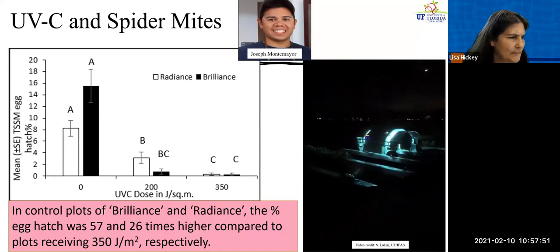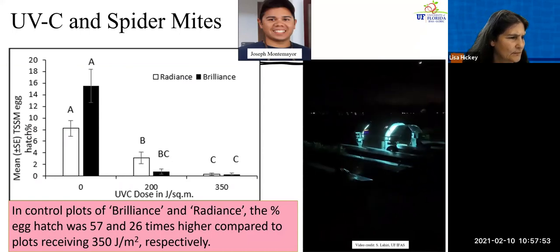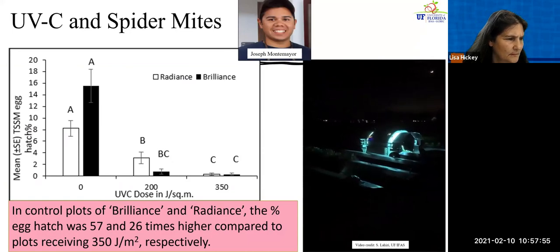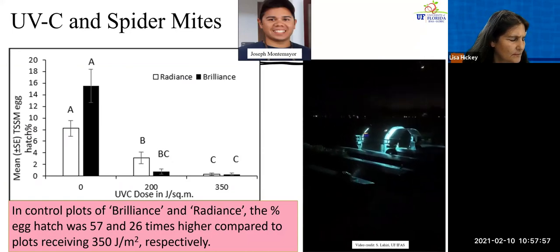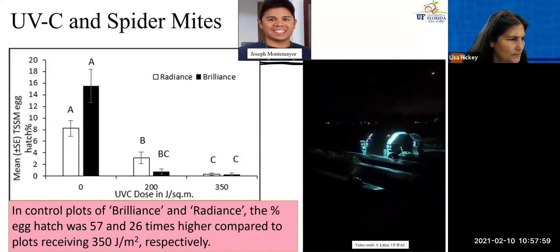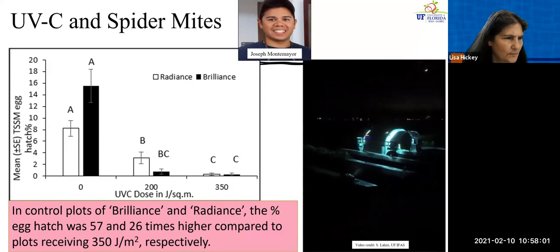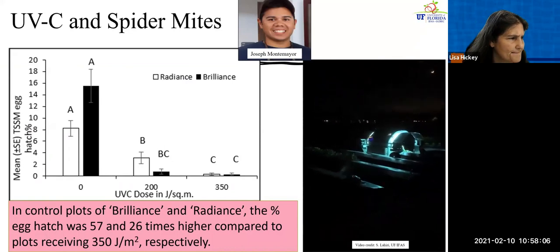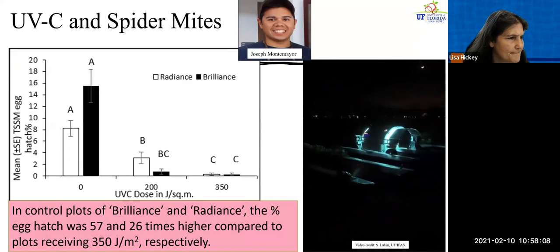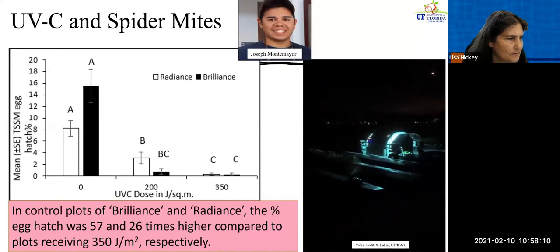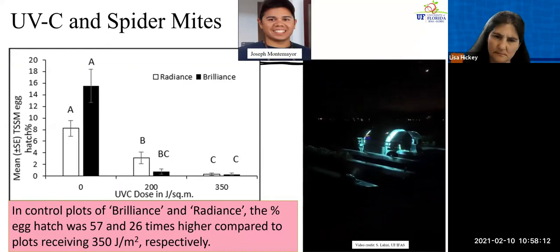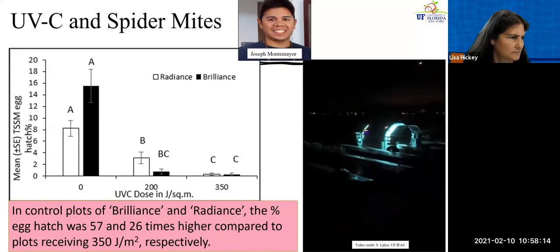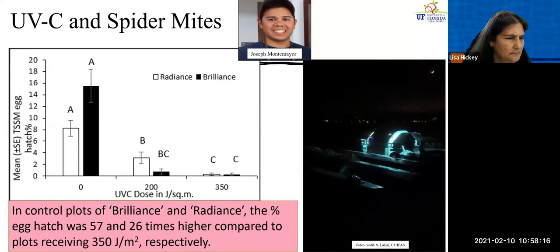completely untreated. And after observing the percentage hatch, we were able to conclude that 350 joules per square meter effectively suppressed egg hatchability of two-spotted spider mites, so much so that in Brilliance plots, the egg hatch was significantly less compared to the control plots.